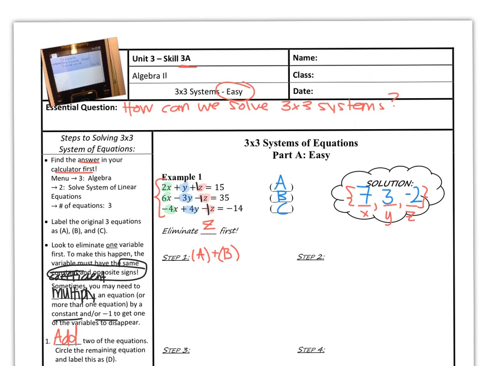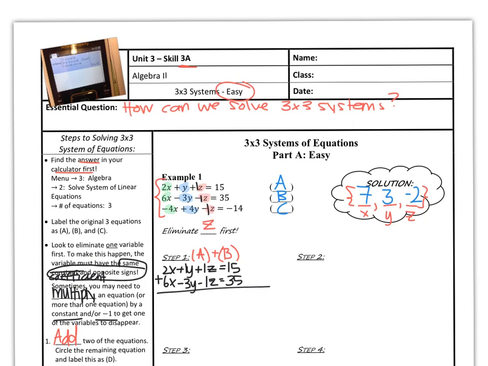So we start with the equation 2x plus y plus 1z. If you want to put a 1 in front of the y, that's cool too. Equals 15. And 6x minus 3y minus 1z equals 35. And I'm going to put the addition bar under it with literally a plus sign. Because what you're going to do is sum your x's, your y's, your z's, and the numbers to the right.